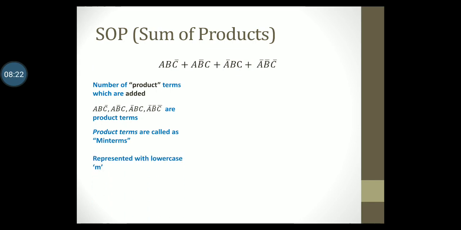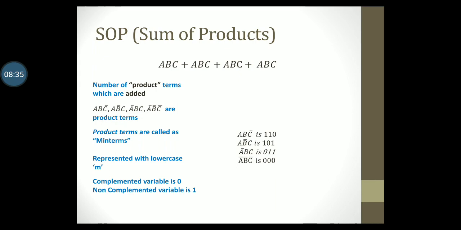Minterms are represented using lowercase m. A complemented variable in a Minterm is 0 and a non-complemented variable is represented as 1. Therefore, the Minterm A B C bar is 1 1 0. The Minterm A B bar C is 1 0 1.